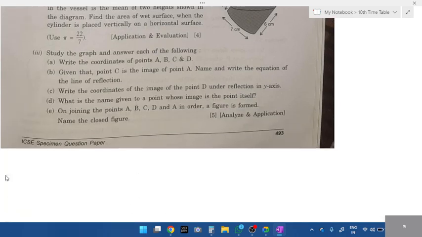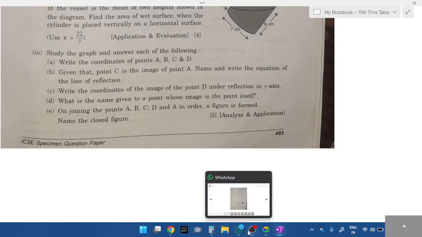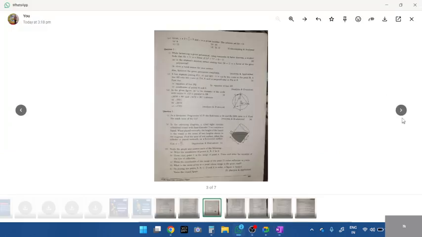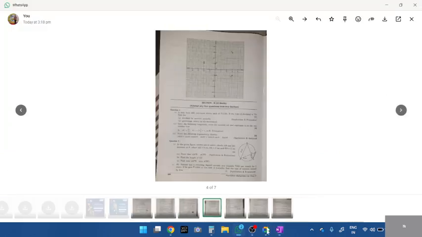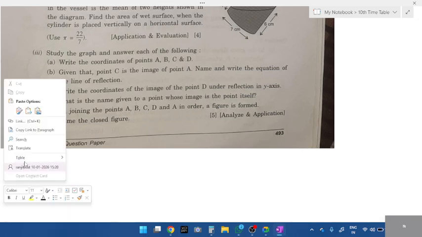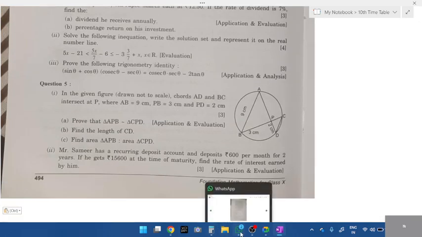Yes, now this is revision. Today only revision. Tomorrow I'll conduct a test. So for revision, just solve the questions from here, from this paper.